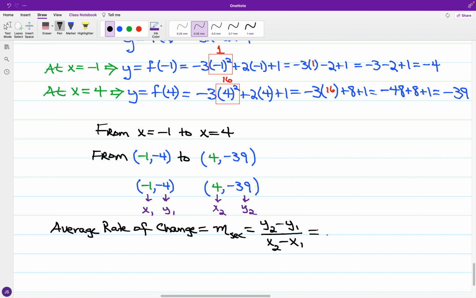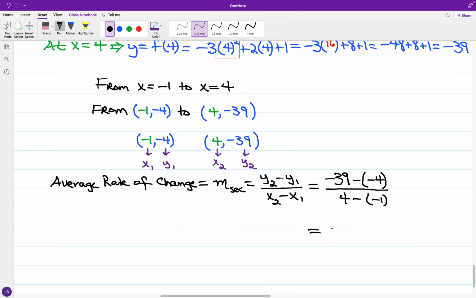And at the stage of substituting, for y of 2 minus y of 1, we'll have negative 39 minus y of 1, and y of 1 we have at negative 4. For x of 2 minus x of 1, we'll have 4 minus negative 1.